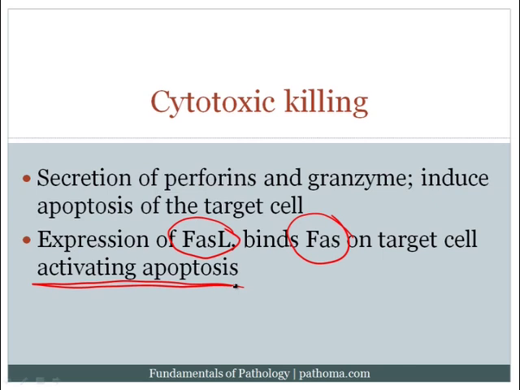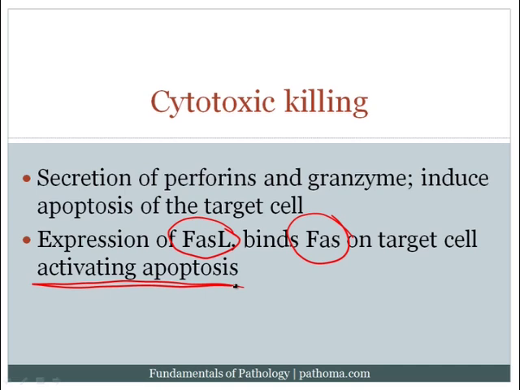One way was the intrinsic mitochondrial pathway, which was really driven by cytochrome C leaking out from the mitochondria and activating the caspases. Another way was via the extrinsic receptor pathway. An example of that was Fas ligand. Another example was TNF binding the cells.